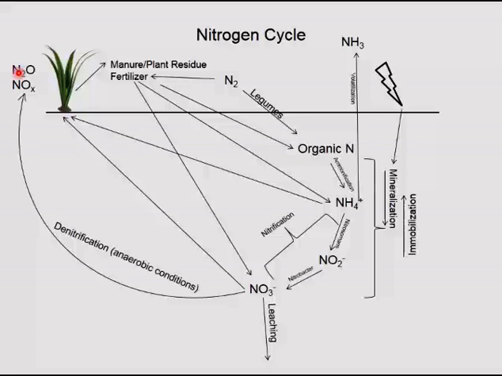What those organisms do is change it from nitrate to NOx or nitrous oxide, two different gases. So if you want to spend any time memorizing anything, this is the thing to memorize. Memorize what the processes are, what the names mean, and what the different fates of the different nitrogen pools are.